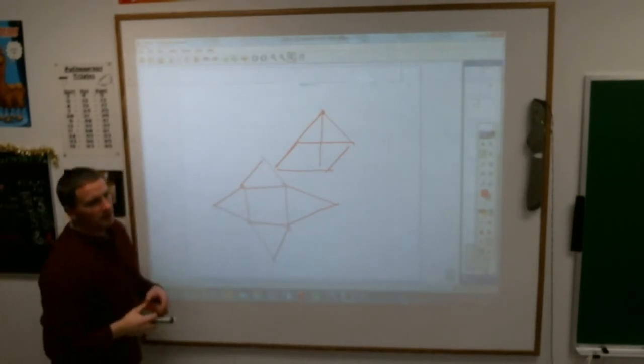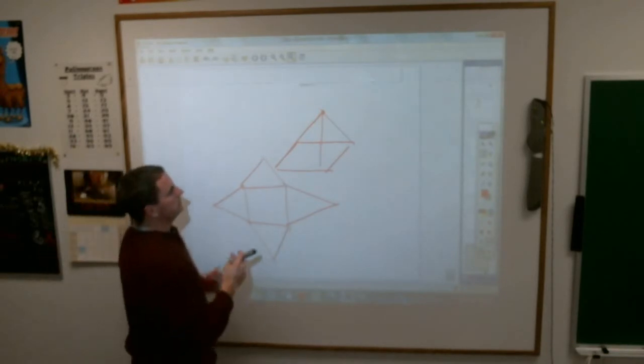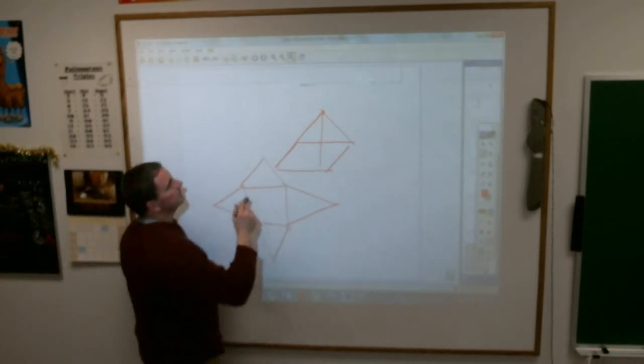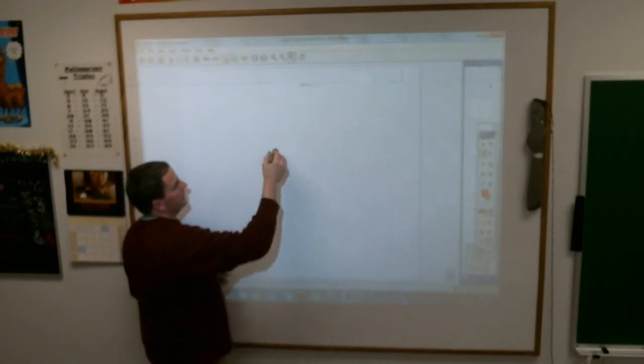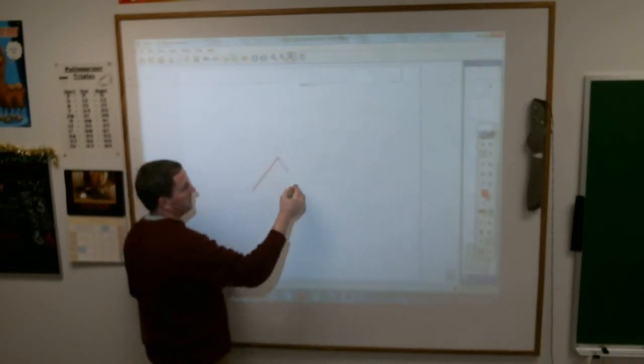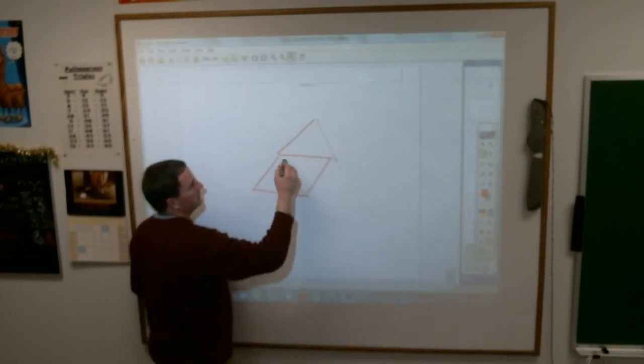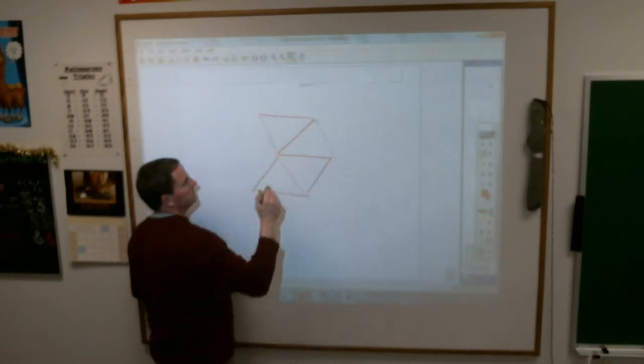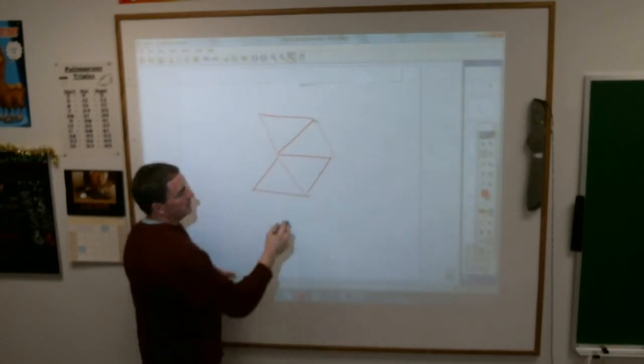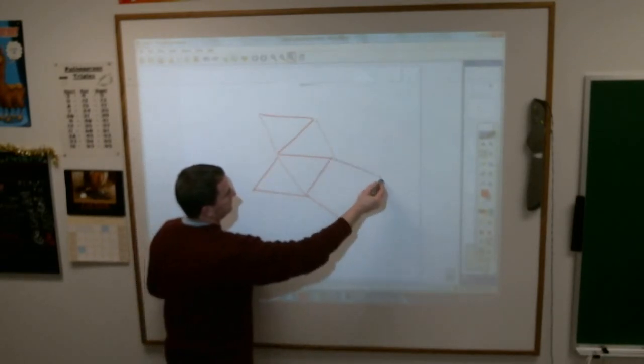Now, you could also do, Peter, have all the triangles. Well, if you did that, I suppose it would look like this. Here's your triangle, and then the edge of that triangle, and then the edge of that triangle, and the edge of that triangle, and then what's missing? Square.